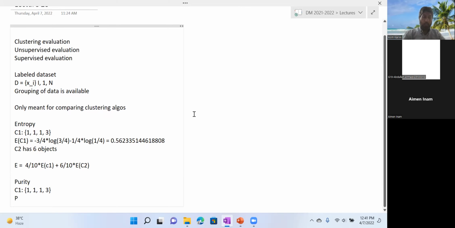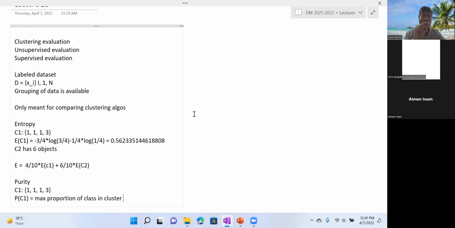The purity of this cluster C1 is basically the max proportion of a class in the cluster. In this case, we have two classes. One is class 1, the other is class 3.